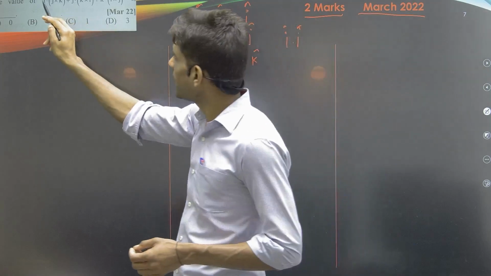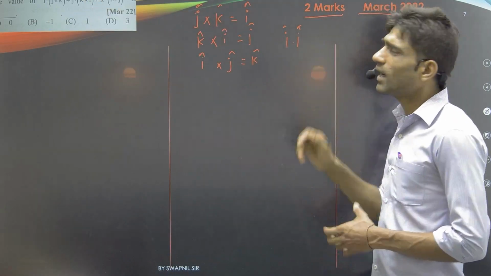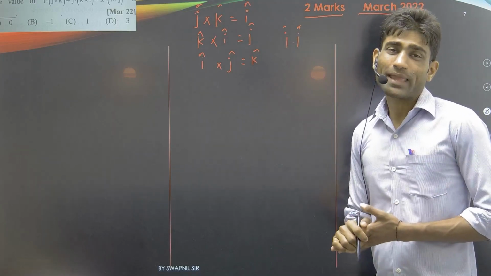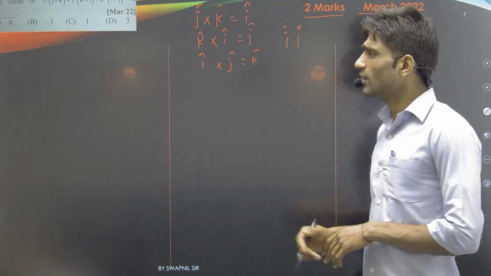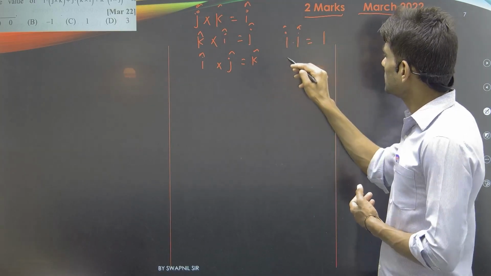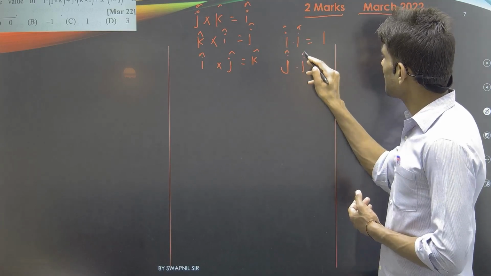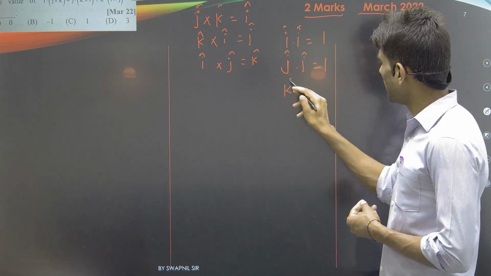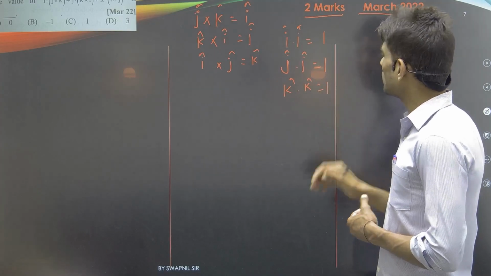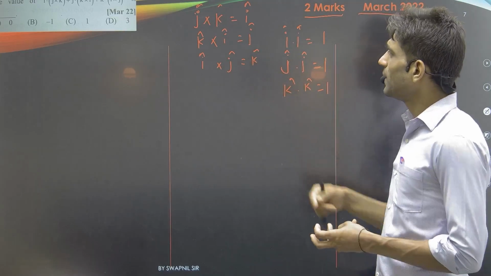Now see i dot j cross k cap, so we will get i cap dot i cap. And the dot product of these unit vectors, we write i cap dot i cap as 1. Similarly j cap dot j cap is equal to 1, and k cap dot k cap is equal to 1. So these are the standard values we will apply in our example.